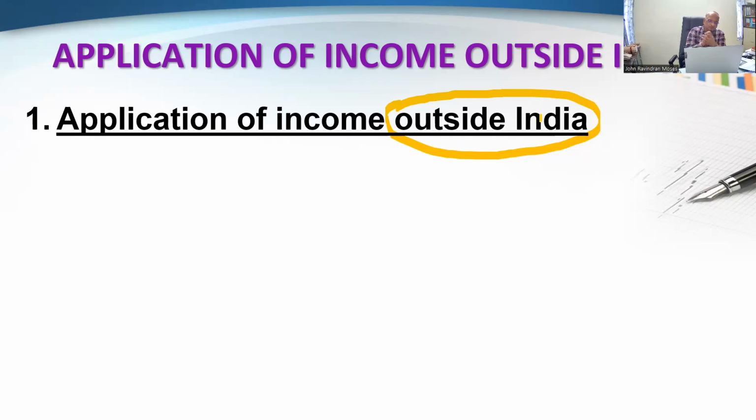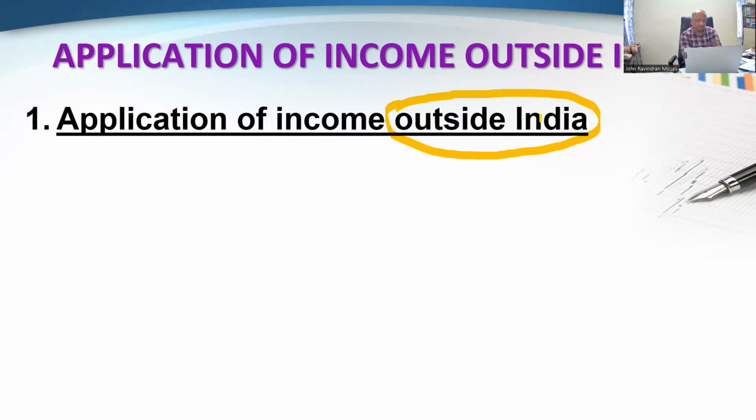Otherwise, if you want to go and start some work in any other country, there's a lot of temptation for us to go and work in poorer countries, Africa, other nations. All these will be application of income outside India. Sometime back, there was a major earthquake in Nepal, and the government itself allowed us to go and serve there.